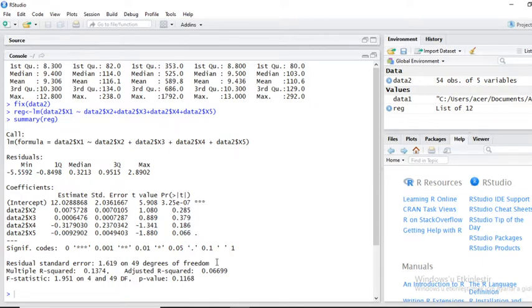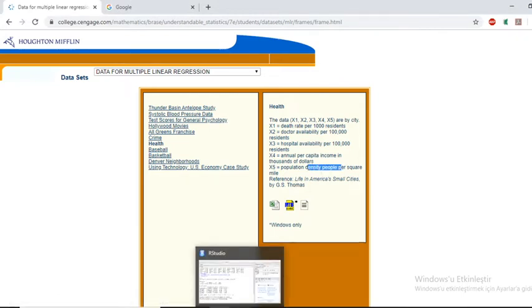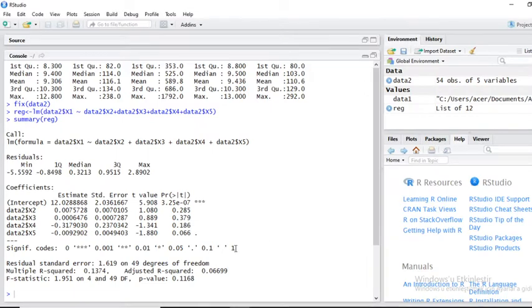What about the last variable? It's population density per square mile. It's significant at 10% level. The value is 1% higher than 5%, so it's something like 6%. It's significant at 10% confidence interval.